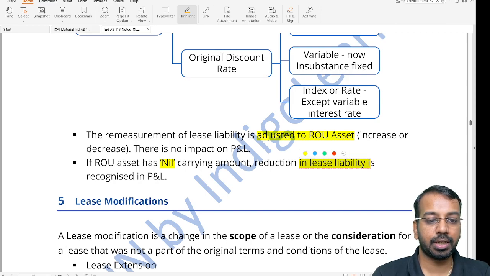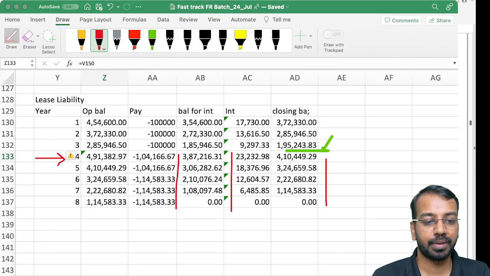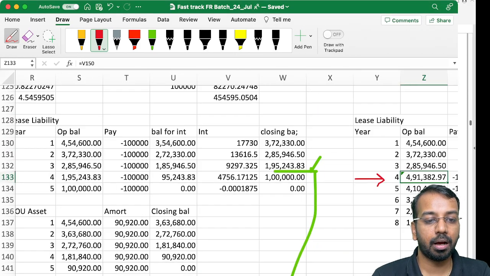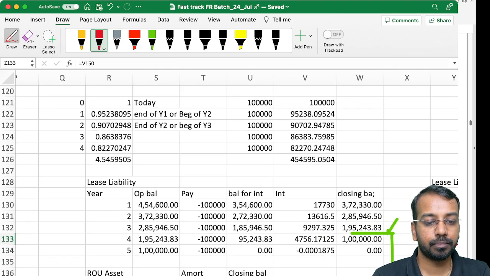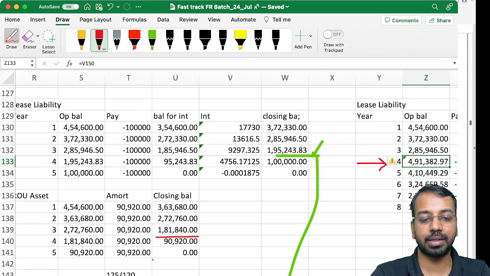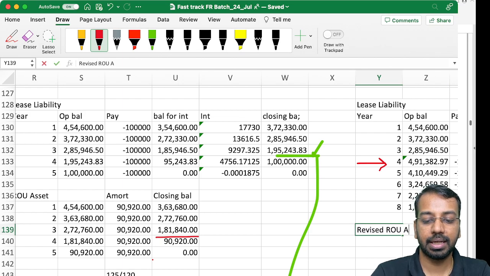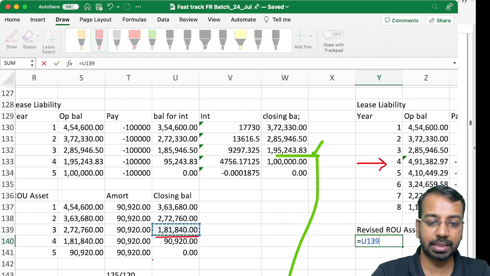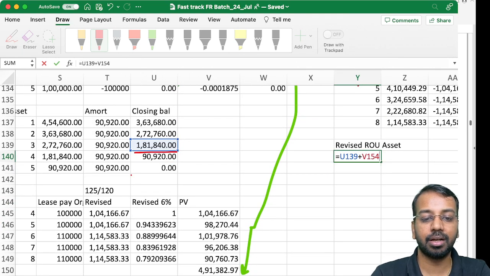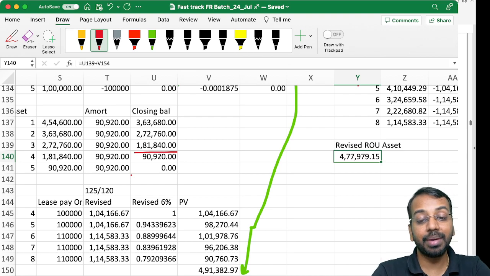Okay, the ROU asset calculation, I'll include that also. Here if you see, the ROU asset at the end of year 3 is 181,840. So the revised ROU asset is 181,840 plus 296,139, which is 477,979, at the beginning of the 4th year.